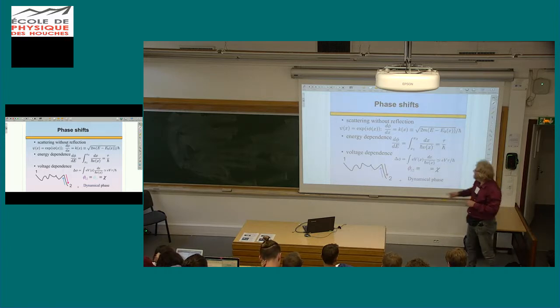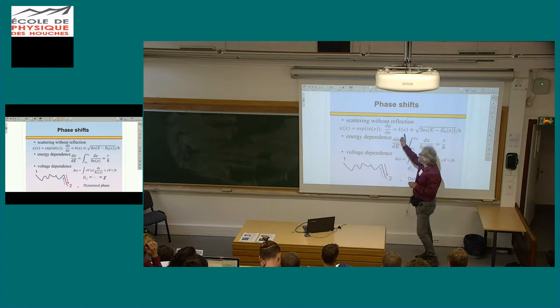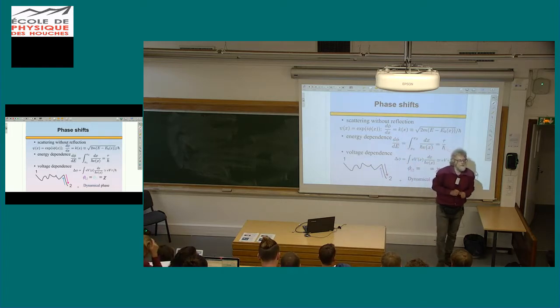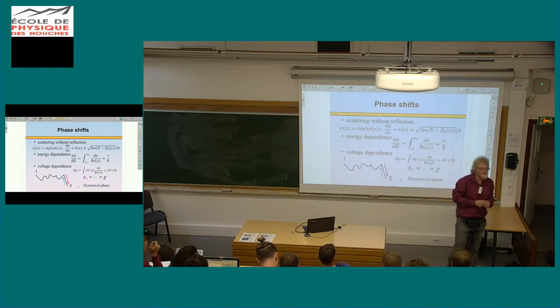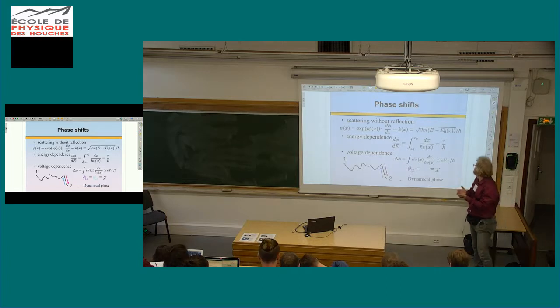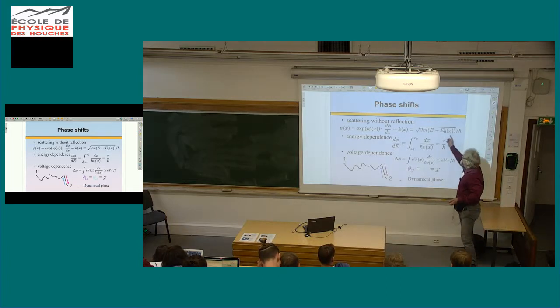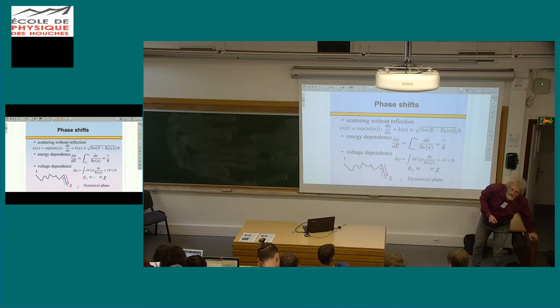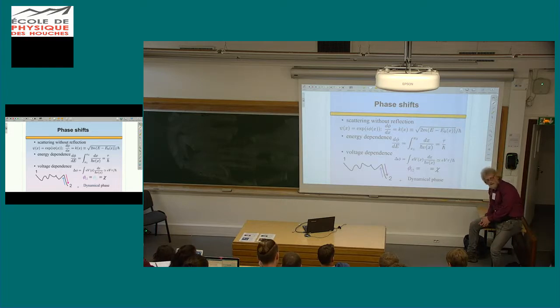The local derivative of this phase is nothing but the local wave vector. How do you define the local wave vector? There is the energy of the particle, there is kinetic energy, potential energy. With this, one defines the k vector, and one sees that the potential eventually affects the phase of an electron, even if it doesn't scatter this electron.